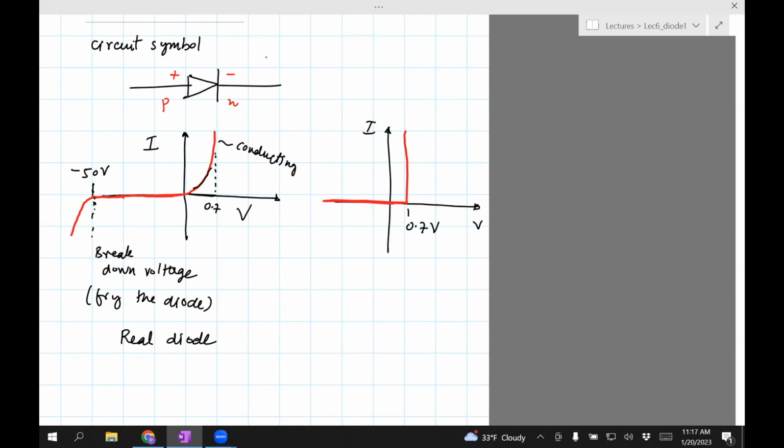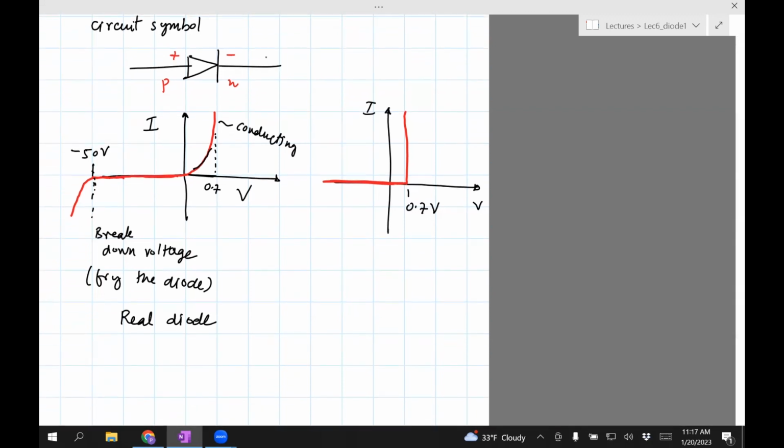So it conducts above 0.7, but does not conduct below 0.7. So this is what is known as an approximation of the real diode.